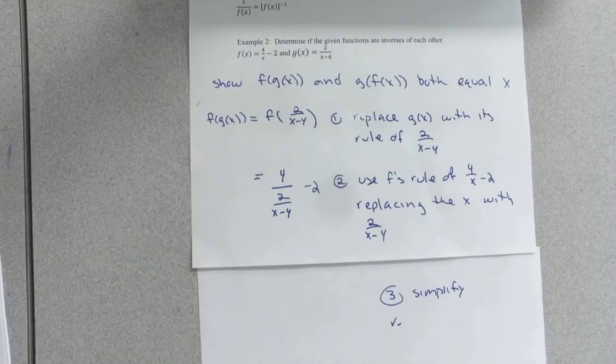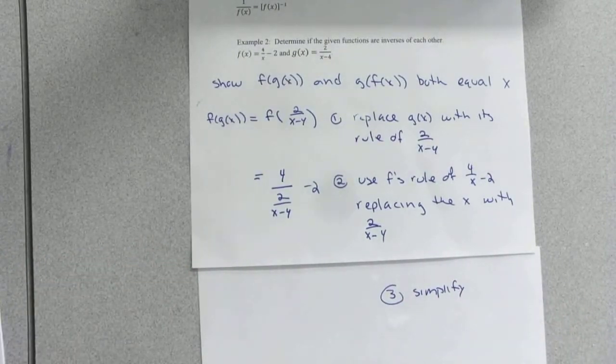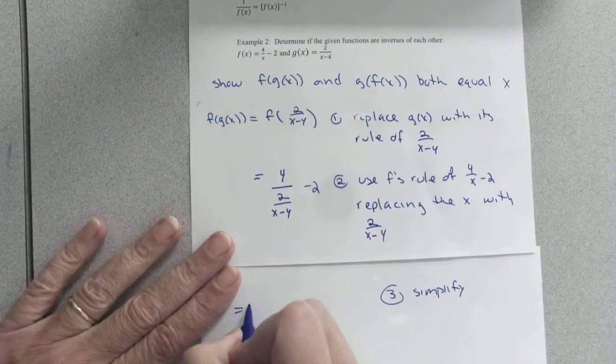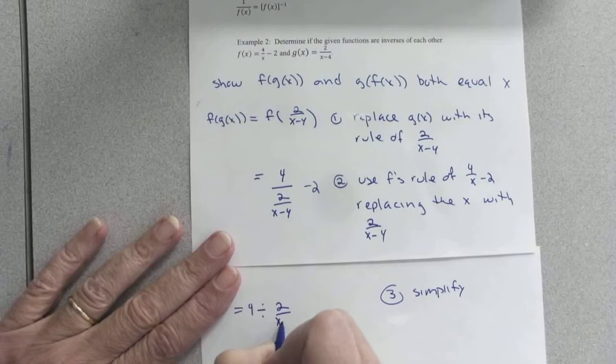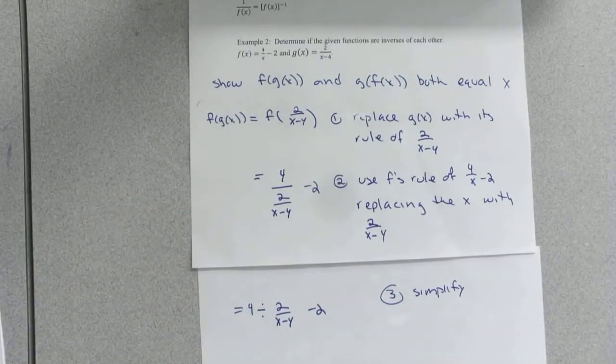Let's recall that a fraction means nothing but division. So that first guy would mean 4 divided by 2 over x minus 4, minus 2. Fractions mean nothing but division. That's all fractions mean, division.